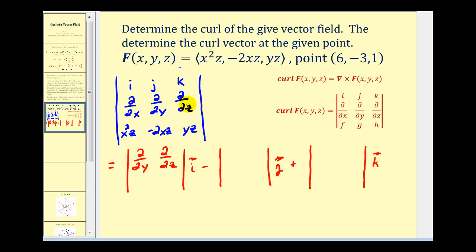So we'll have our partial derivative operators here, and then negative 2xz and yz. Here we'll eliminate row 1, column 2. So we'll have the partial derivative operators with respect to x and with respect to z, and we'll have x squared z and yz. And for here we'll eliminate row 1 and column 3.